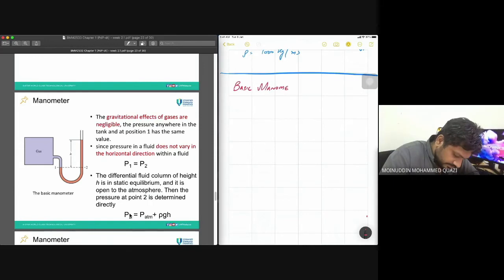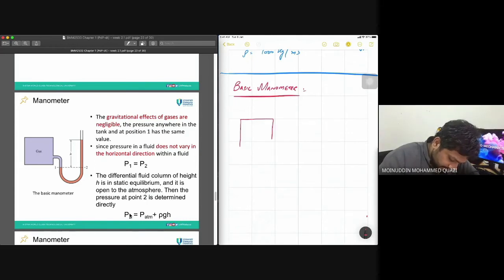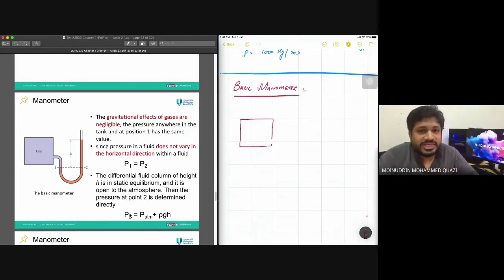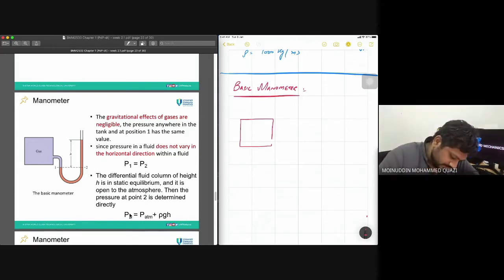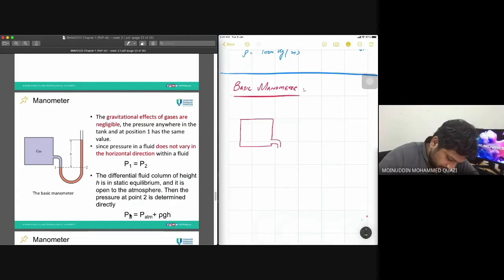I have got a gas tank, and now with the gas tank, I attach a manometer, the most simple type of manometer.